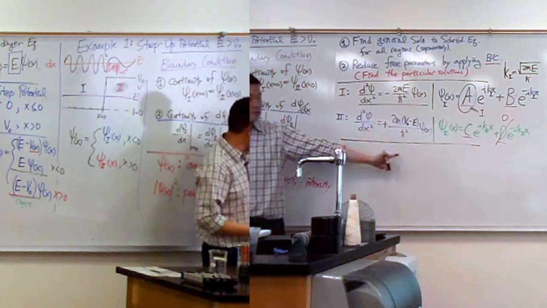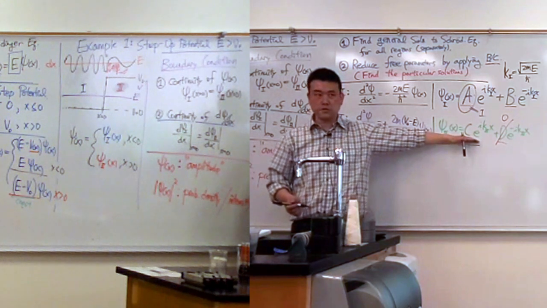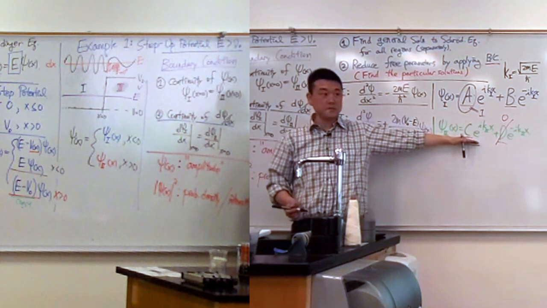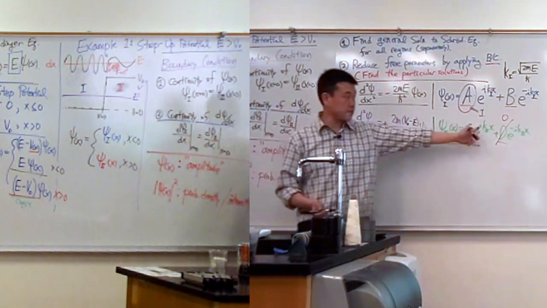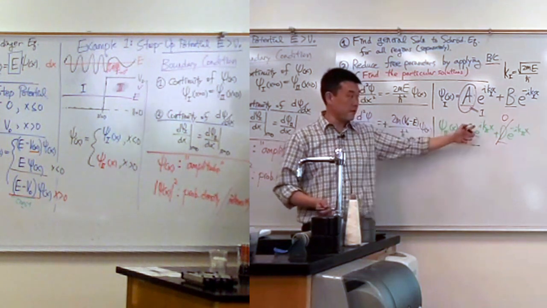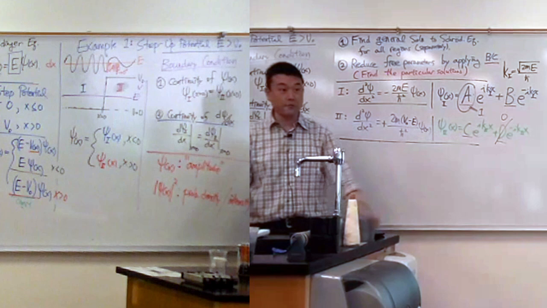So if this coefficient is positive, would I still have harmonic oscillator solutions? No, right? Sines and cosines, when you take two derivatives, you get a negative coefficient. Complex exponentials, when you take two derivatives, i squared is minus 1, or minus i squared is also minus 1.